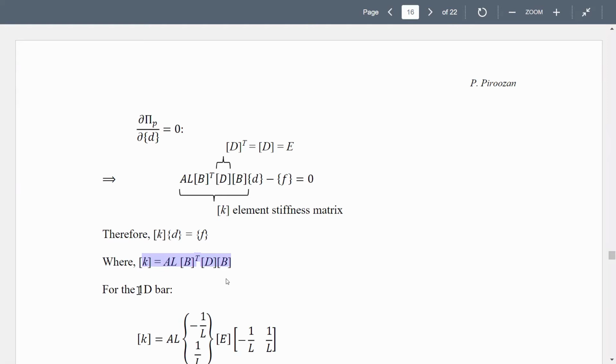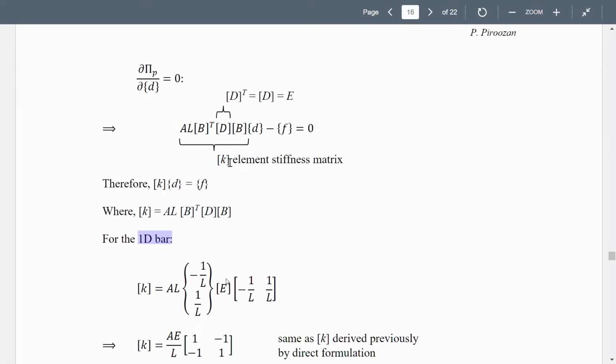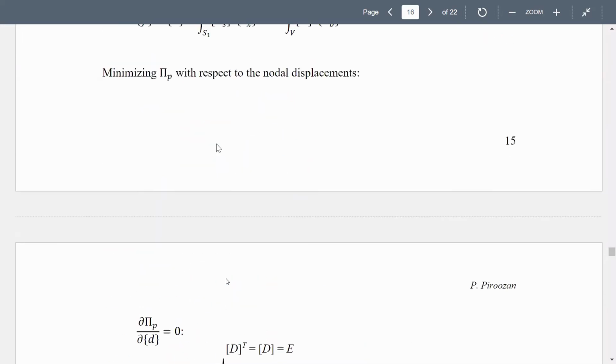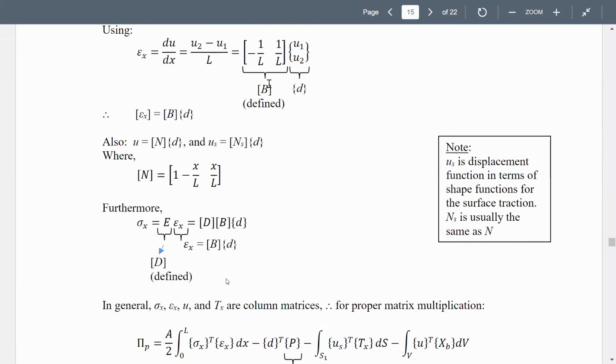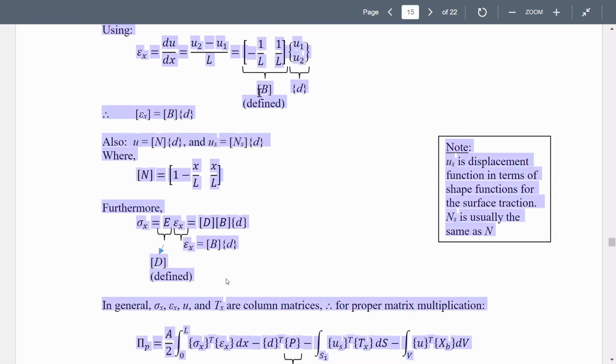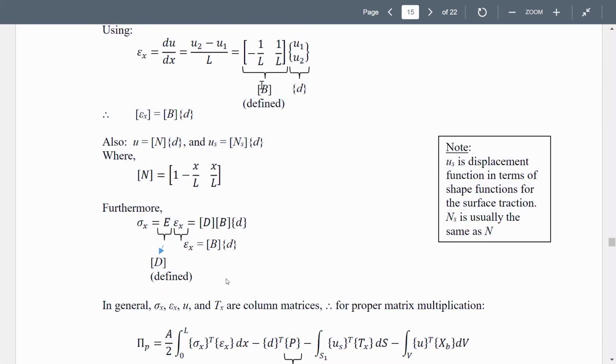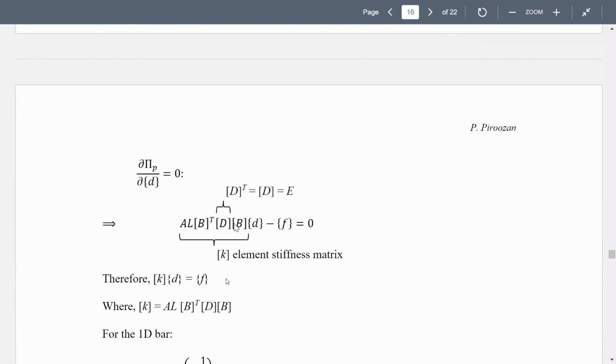Now, for one-dimensional bars, what do we have? This K is A times L, the length of the element, times B transpose, which is negative 1 over L, 1 over L. Remember, this was B, where we defined this B, negative 1 over L, 1 over L. So the transpose of this is this here.